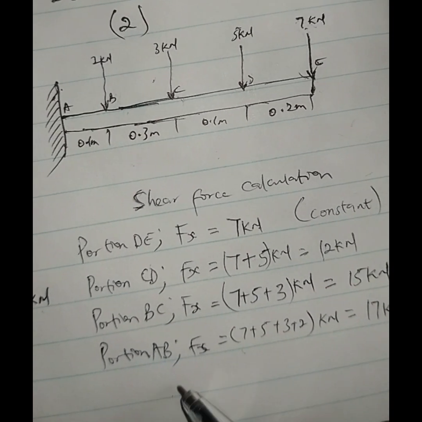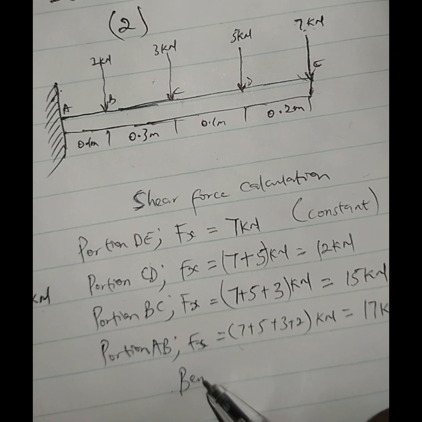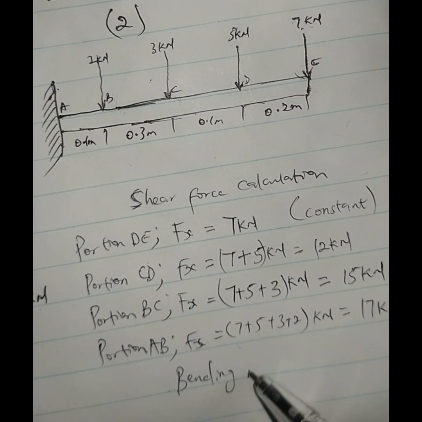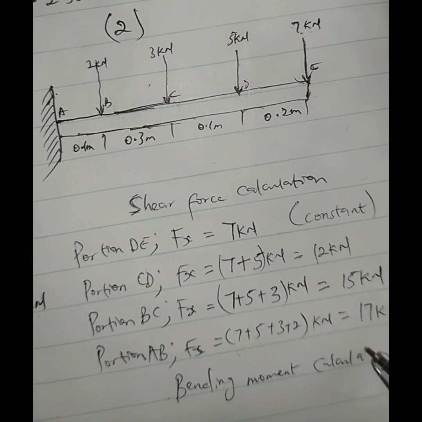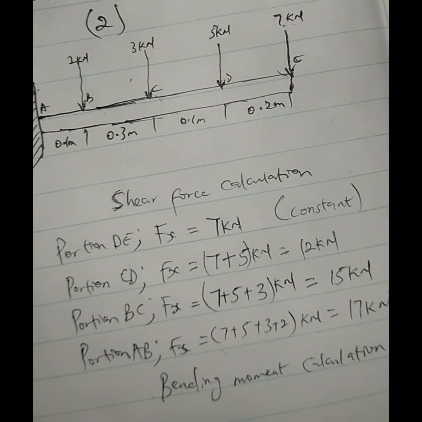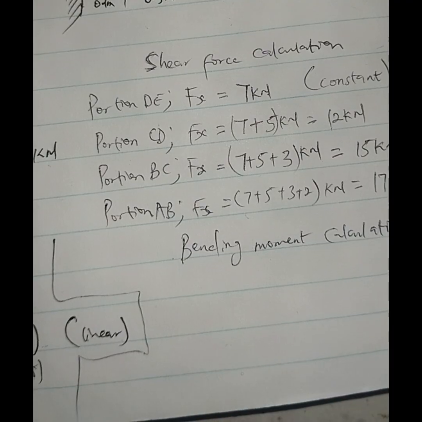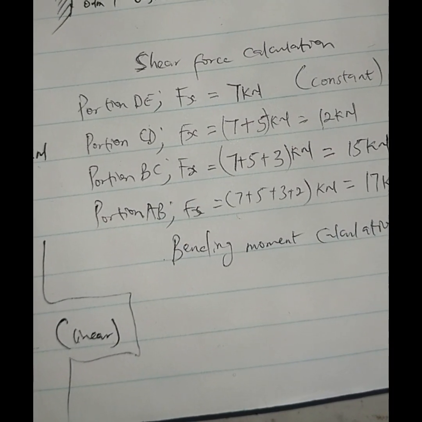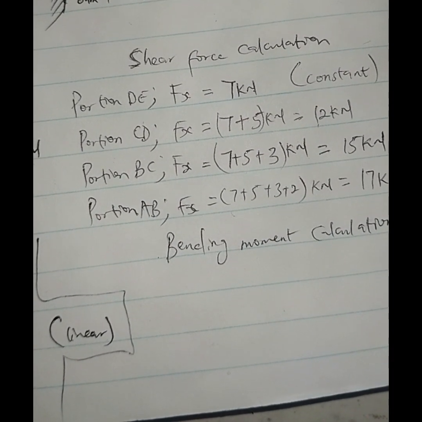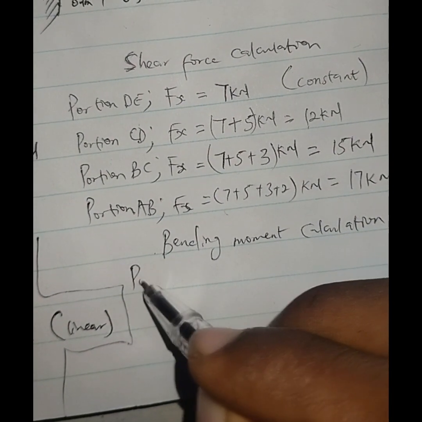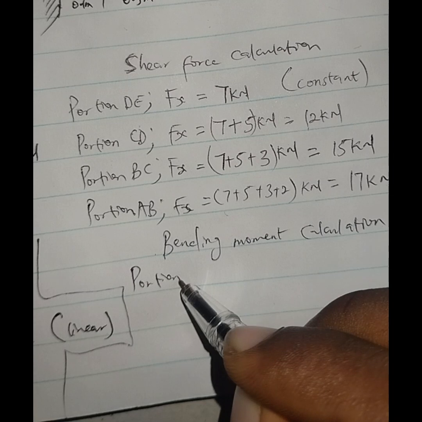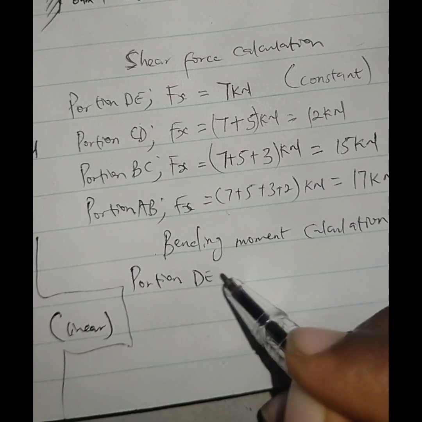So we go into our bending moment calculation. Now our bending moment calculation. So you already know that we're trying to generate formulas. So let's start on the first one, portion DE.